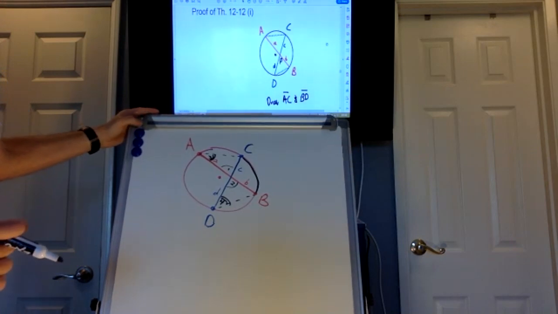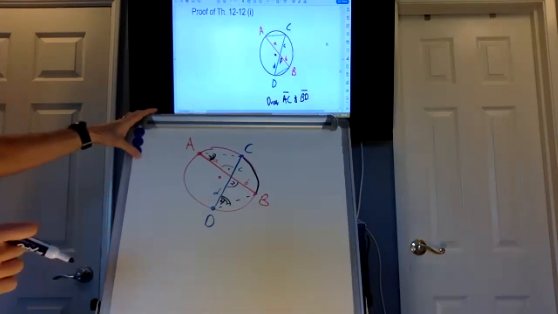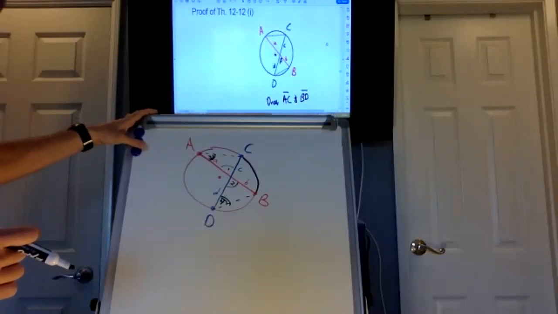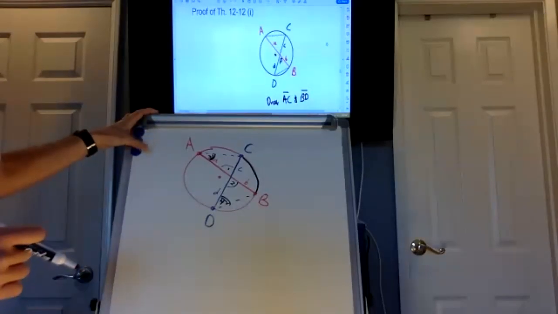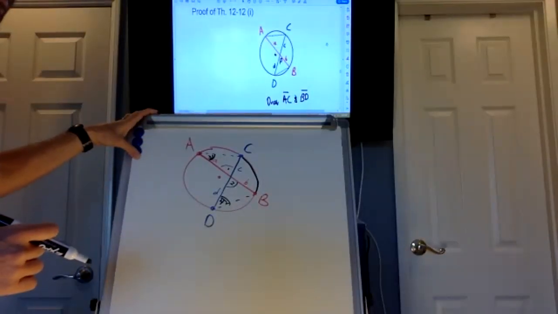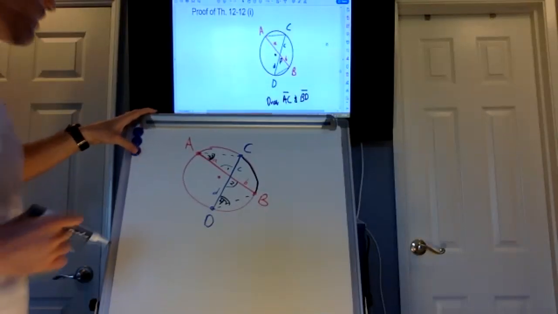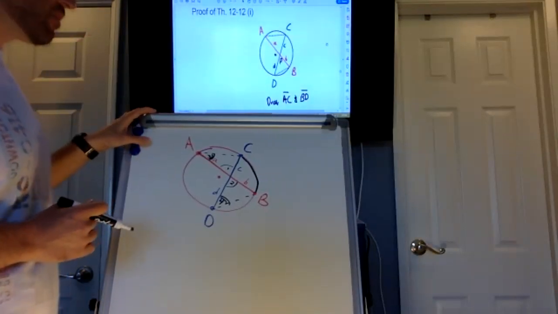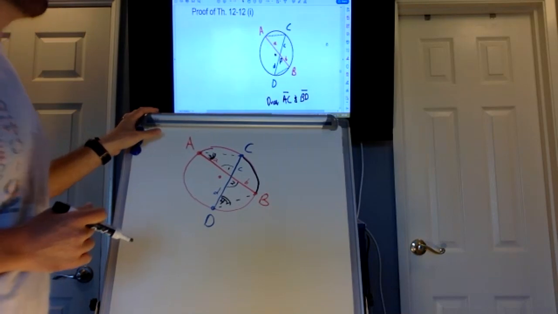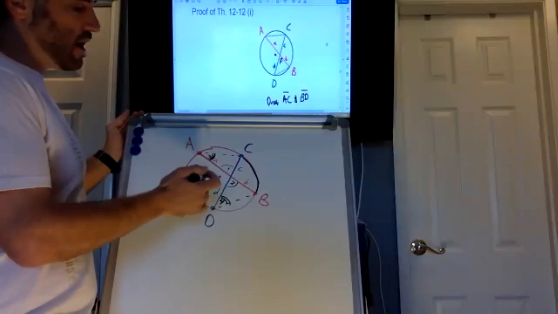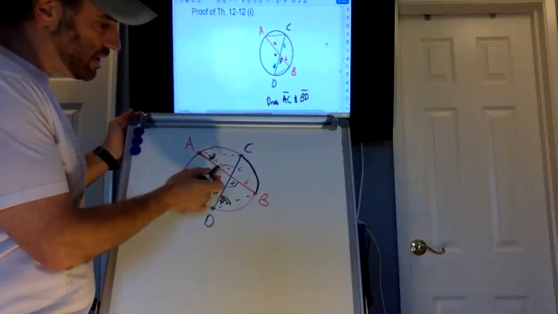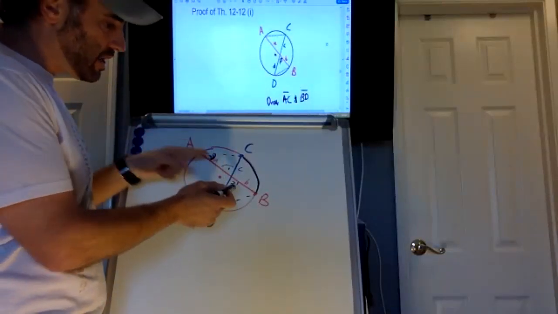I don't remember if we proved the AA similarity theorem. One of your books postulates it, and the other book proves it through rigid motion, I believe. But that's trivial at this point. Right now, what we need to worry about is, now that these are similar, what are you going to do with that?